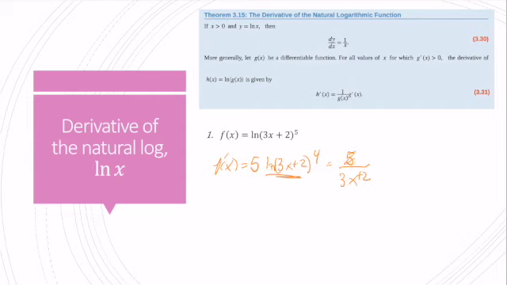Sorry, 5 times 1 over 3x plus 2 to the 4th times 3. That gives me 15 times 1 over 3x plus 2 to the 4th.